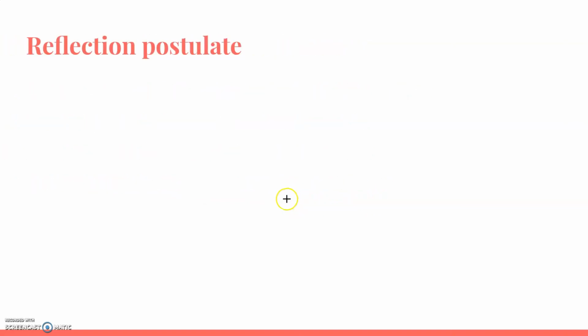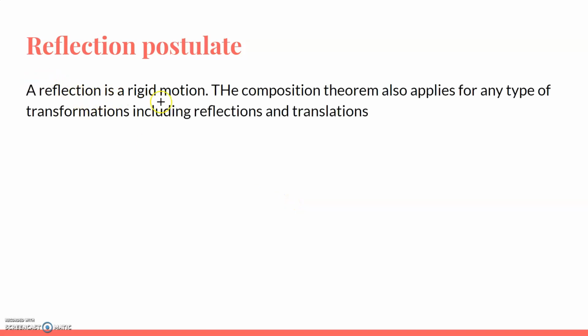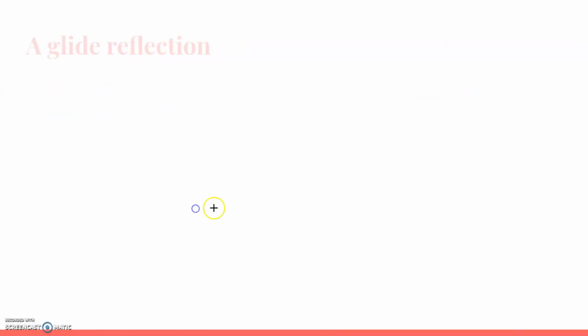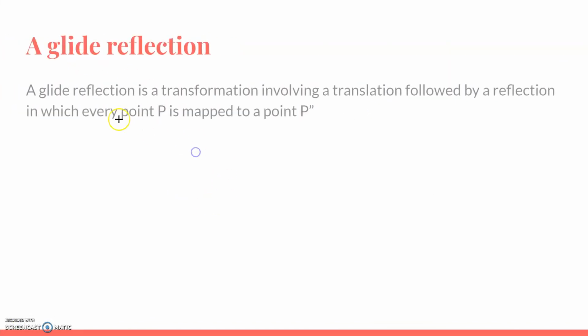Alright, so the reflection postulate. Reflection is a rigid motion. The composition theorem also applies for any type of transformations, including reflections and translations. A glide reflection is a transformation involving a translation followed by a reflection, in which every point P is mapped to a point P'' , just for representation.